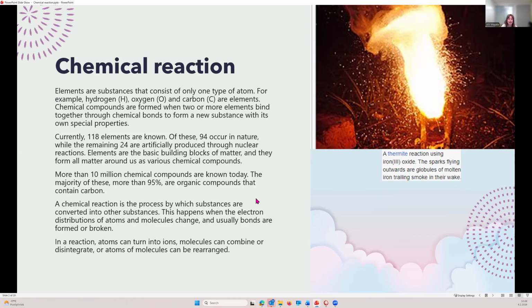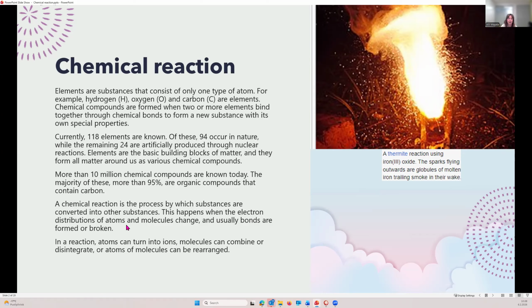So substances are converted into other substances. Of course, in chemical reactions it's not only elements reacting, it can also be some kind of chemical compounds reacting with each other and forming different kinds of chemical compounds. Electron distribution of atoms and molecules changes, and bonds are formed or broken. And of course, each individual atom in a compound wants to gain the lowest energy possible.